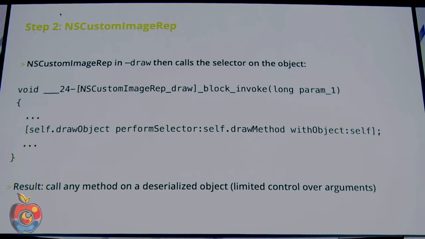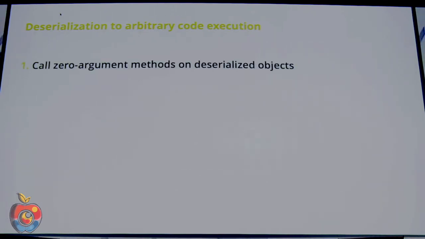Now, sadly, for the next step I have to skip a little bit, because it involves a vulnerability that's not yet fixed. Hopefully it will be in Ventura. So I'm going to skip ahead and summarize the steps that I just did. First of all, I could call zero-argument methods on deserialized objects. And I could call any method on deserialized objects.